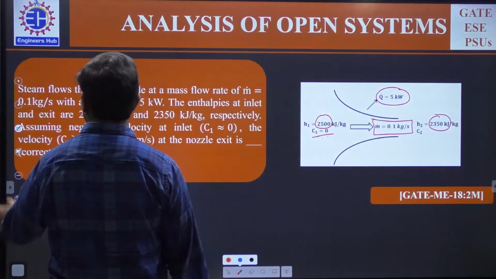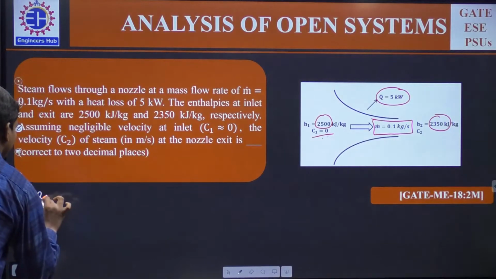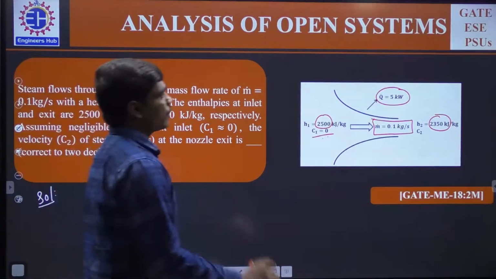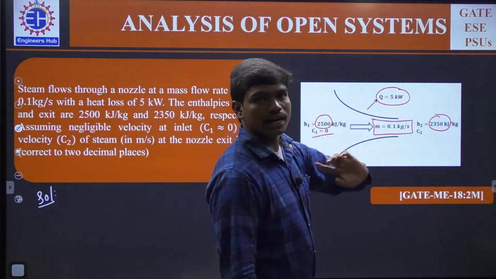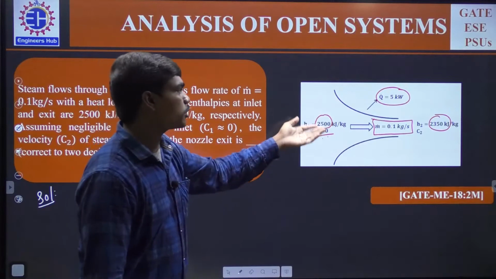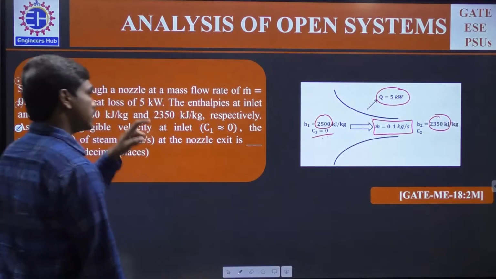So let us try to work out the things. Solution. See, 5 kilowatts is already given here, so you can't put Q dot as 0 this time. Even though 5 kilowatts is very small compared to huge values like 2500 and 2350, we'll still consider Q dot.